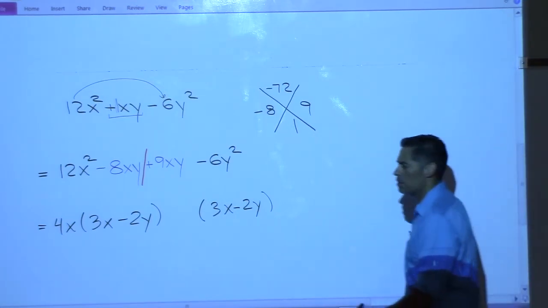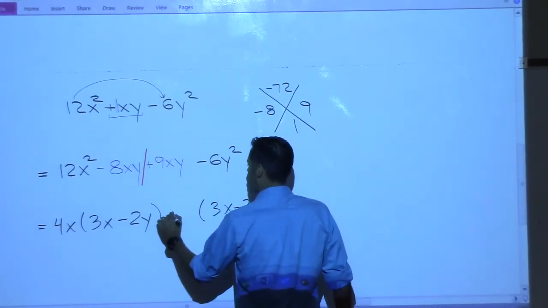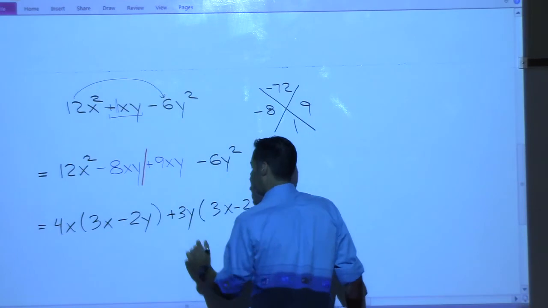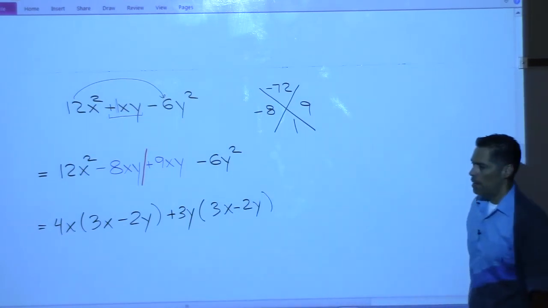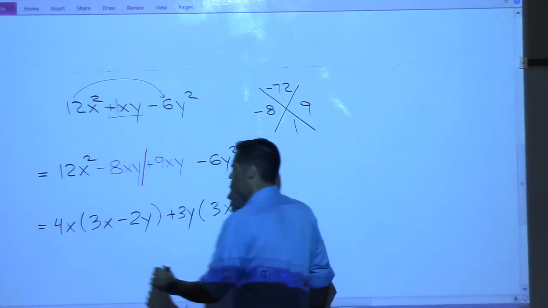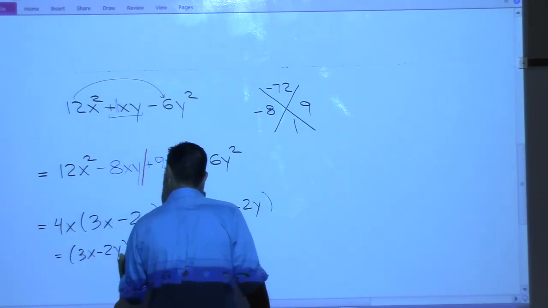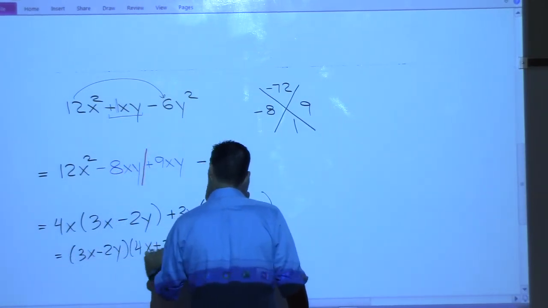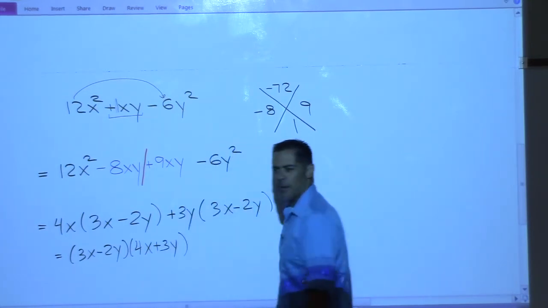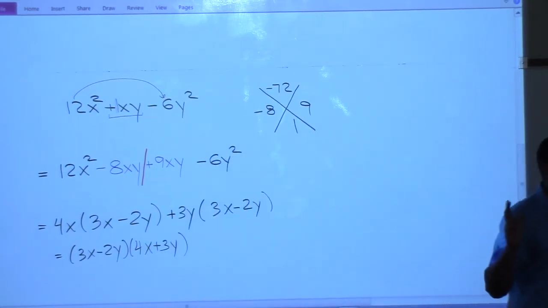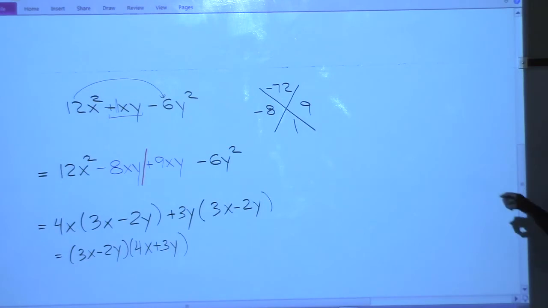Plus 3y. Good. And now you're there. So this becomes 3x minus 2y, 4x plus 3y. Does that make sense? If you run into that on the homework, it's the same process. Just be careful that the middle is xy instead.